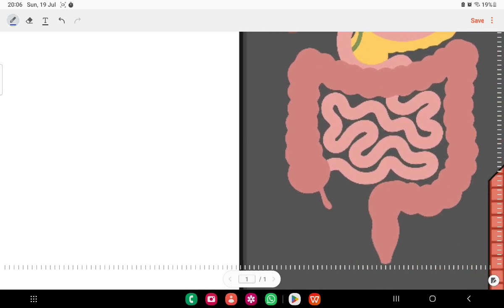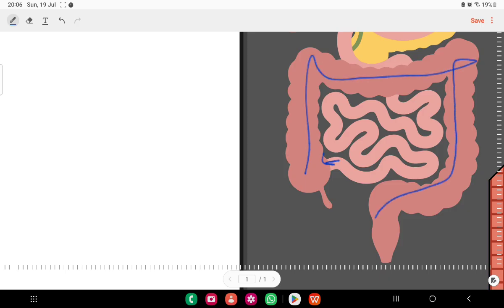After that, we come to the large intestine. I don't know why, but this is my favorite organ, to be honest. This part right here, the large intestine, it is not large.